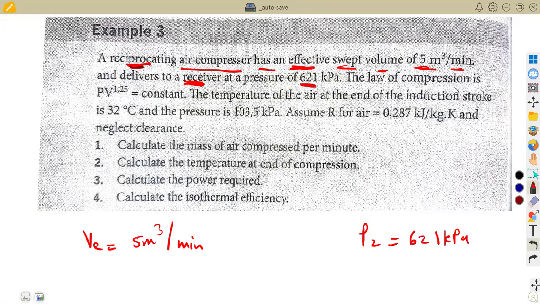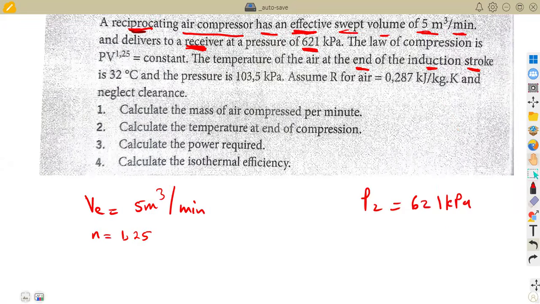The law of compression is PV to the exponent of 1.25, so n is 1.25. The temperature of air at the end of the induction stroke is given. The end of the induction stroke is the tail part, so they are referring to the inlet conditions. Do not confuse on this one.